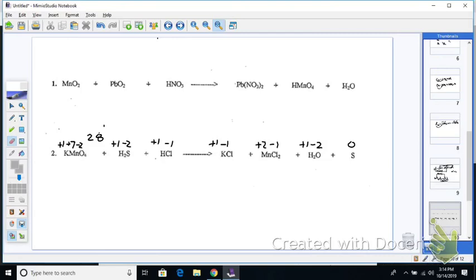It could be a negative 1 if it's with a metal. And oxygen is always going to be a minus 2. Then your metals, when you look them up, could have multiple charges, so you use your other anions to find them.